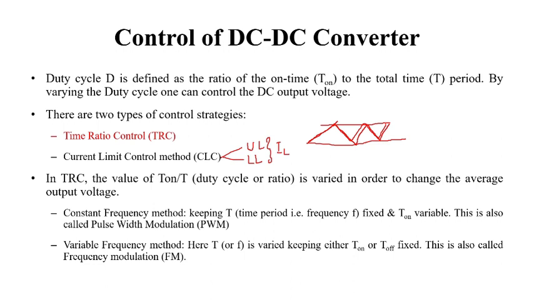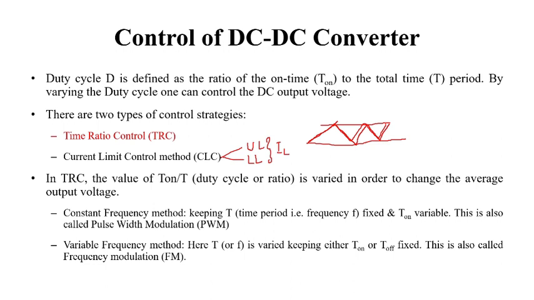In the time ratio control TRC method, the value of T on upon T, which is nothing but the duty cycle or the duty ratio, is varied in order to change the average output voltage of the converter. Under this TRC, there are two ways we can apply this method. The first one is constant frequency, the second is variable frequency.